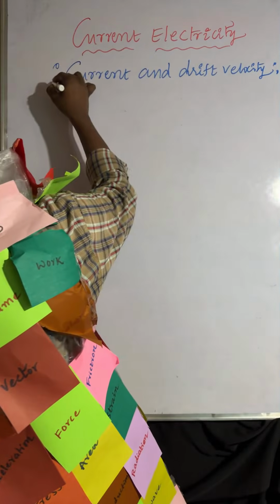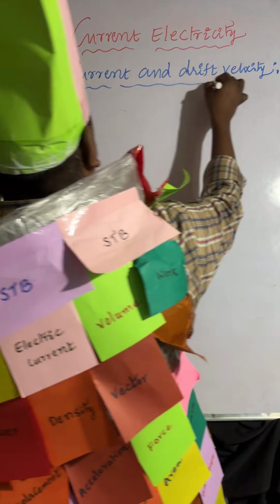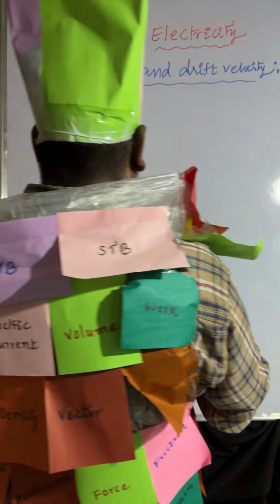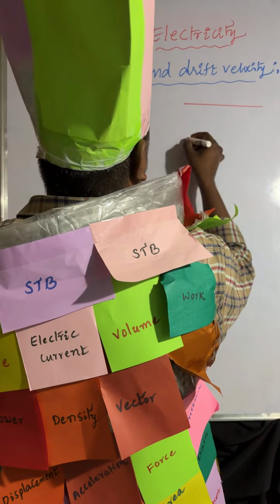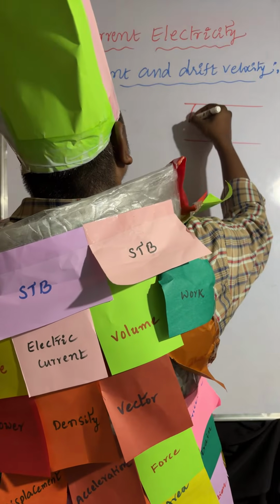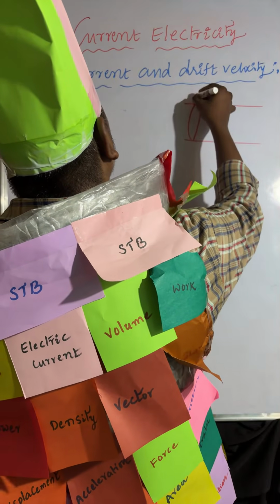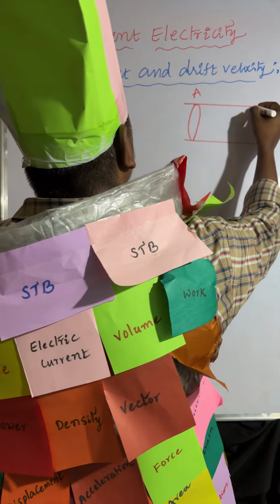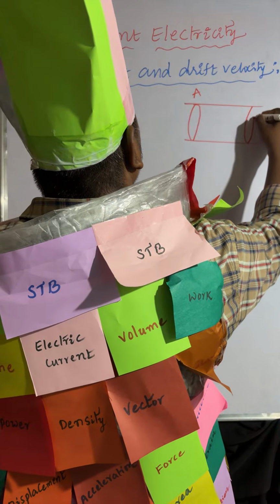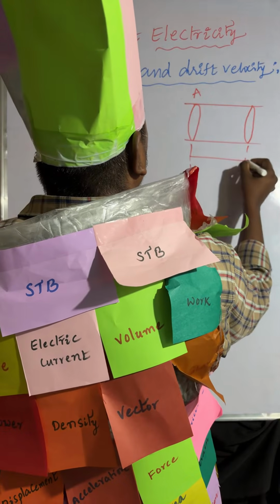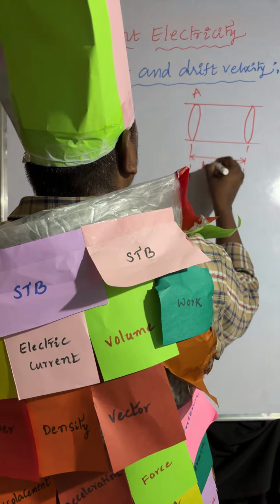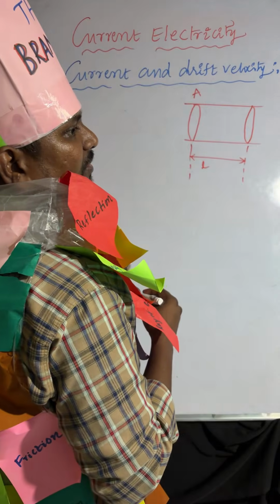Current and drift velocity. When electrons are moving in a conductor, the area of the cross section is A, and this is the length of the conductor.